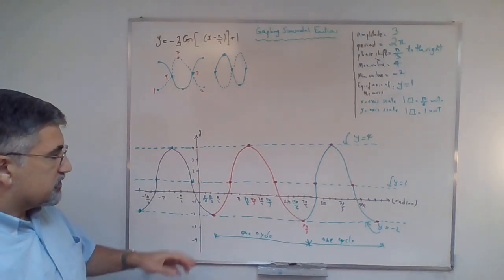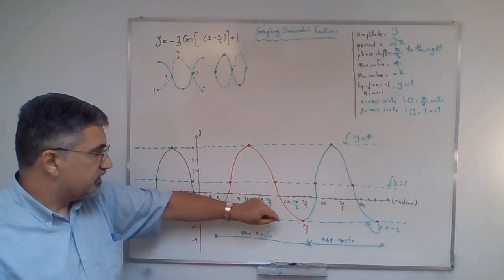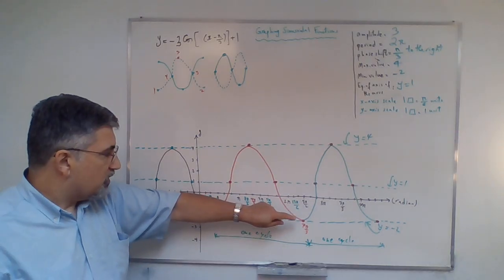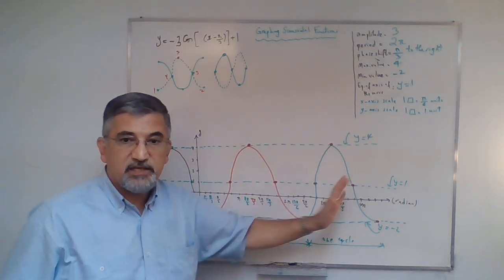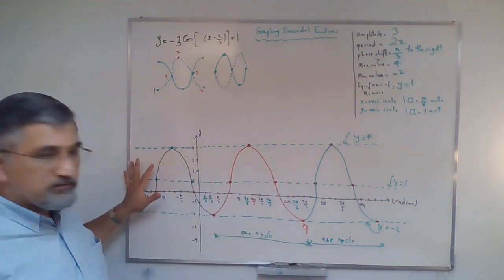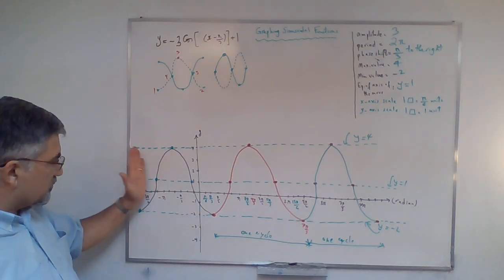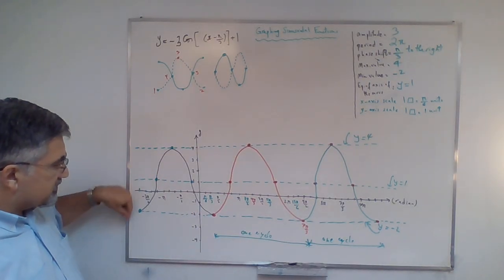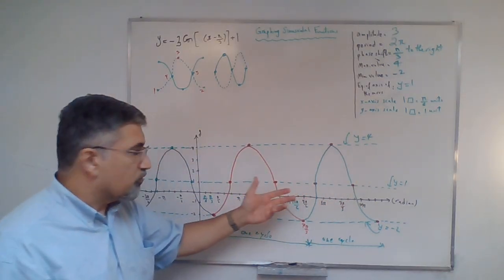Okay, so step 4 was plotting the 5 key points, and step 5 was drawing the graph and replicating it as necessary. We just copy this graph on the right side, on the left side. If we have to draw the graph from negative pi, so I'm going to stop here. I'm going to erase this part from negative pi up to, let's say, 4 pi, or whatever interval given.